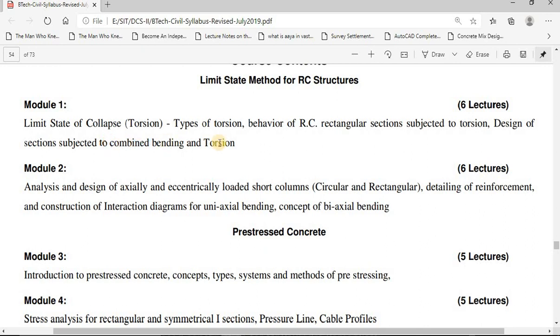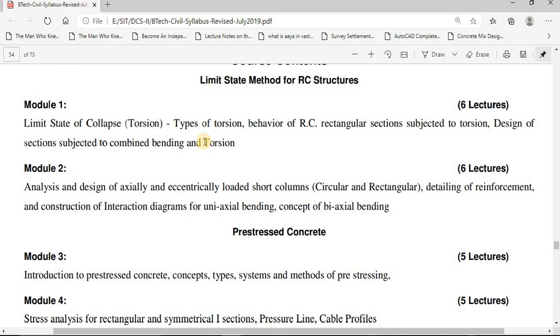Why I am saying it as interesting and important, because generally in practical conditions many of the beams will be subjected to bending and torsion. What are the practical cases in which combined bending and torsion will be induced in a RC rectangular section? I am going to explain while studying this module number 1.